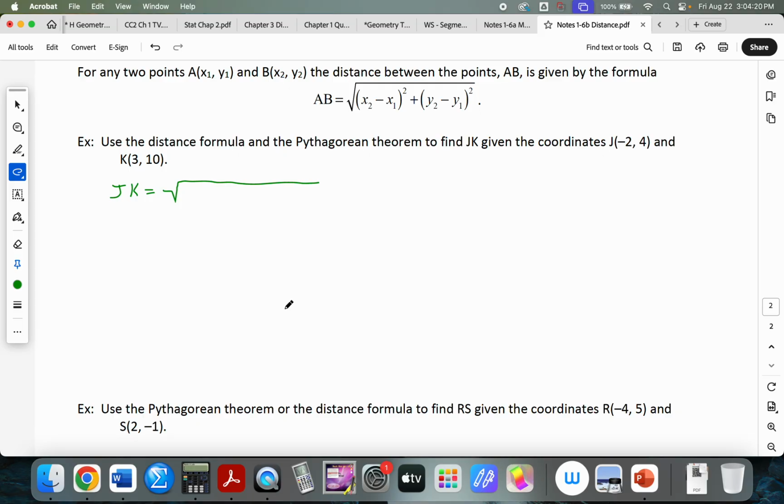I'll say that again. It doesn't matter which one is x1 and which one is x2. For me, to make it easier on myself, I always pick the bigger one to be x2, and the smaller one to be x1. So this is going to be 3 minus negative 2.